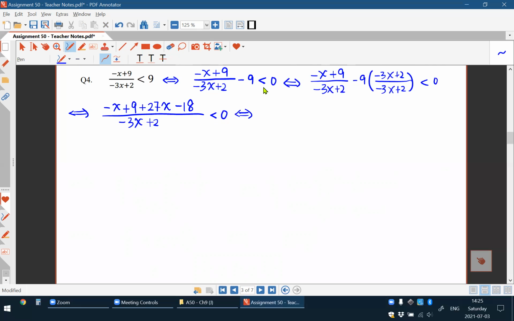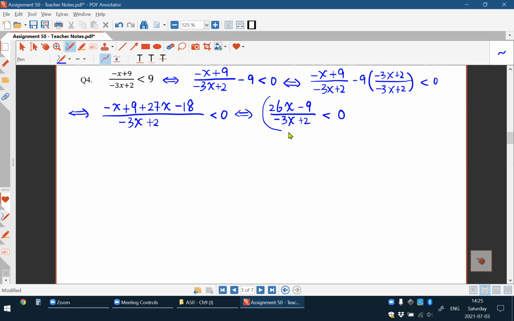And this is equivalent to 27x minus x is 26x, and 9 subtracted by 18 is 9, divided by minus 3x plus 2, and this should be less than 0.